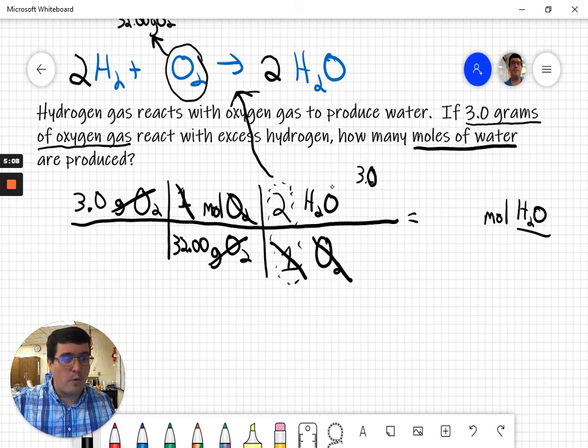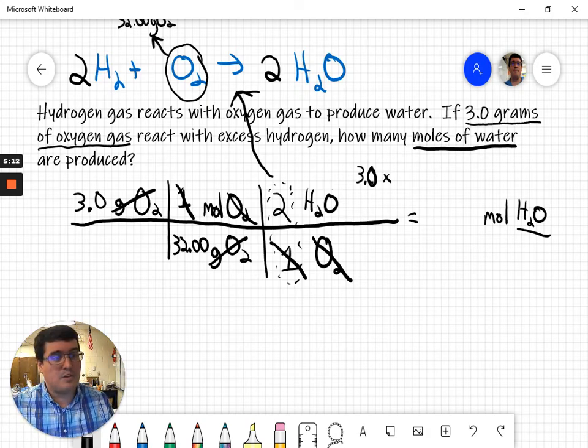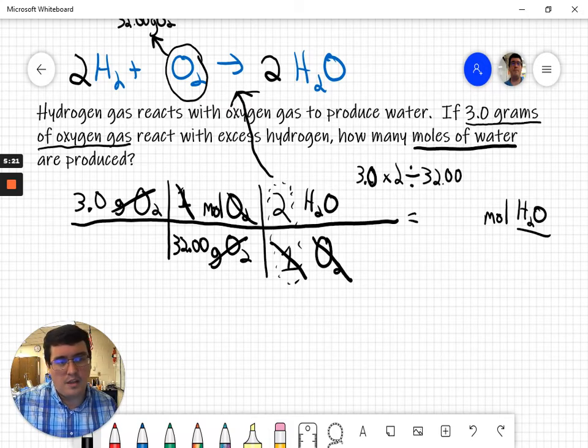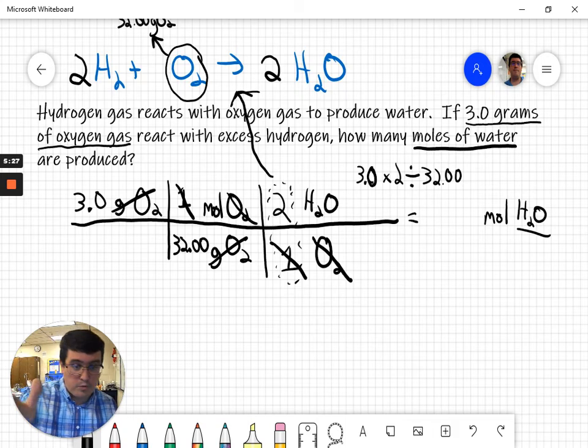We've got 3.0, not times 1 because we canceled it out, but times 2 because there's a 2 on the top, divided by 32.00. A lot of people then go times 1. We already canceled that, but if it was still there, we'd divide by 1 because that 1 is on the bottom. Don't forget, multiply each thing on the top, divide by each thing on the bottom.